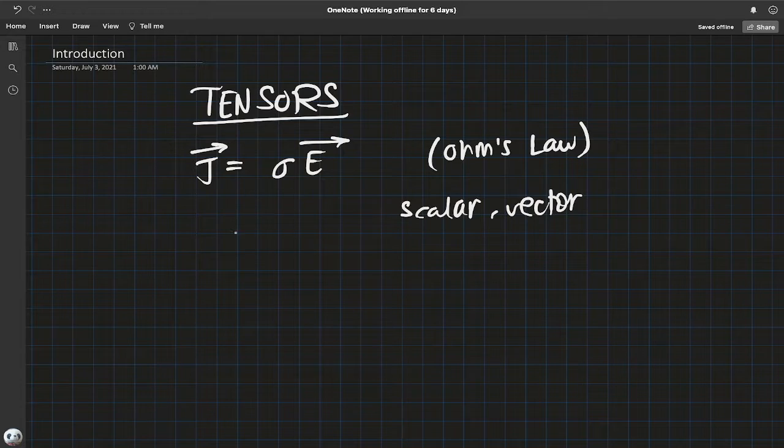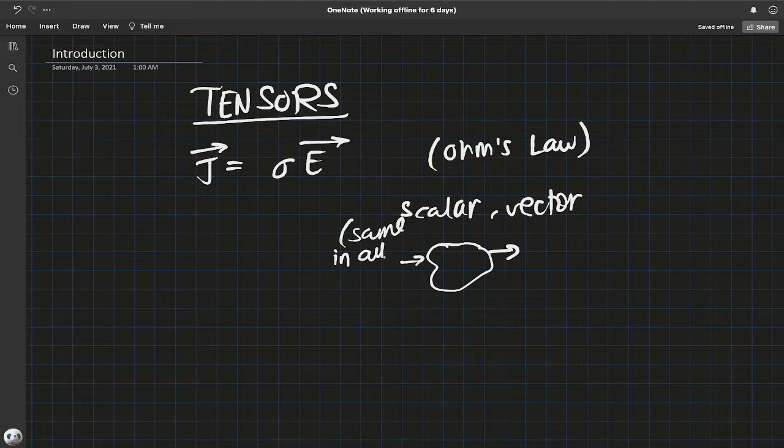Because assuming you have some material, some conductor, and there's some current density through it for an applied electric field, you basically solve the equation and you get sigma, which, if you think of it as a scalar, is going to remain the same in all directions. If it's a function, it's going to be the same function in all directions.